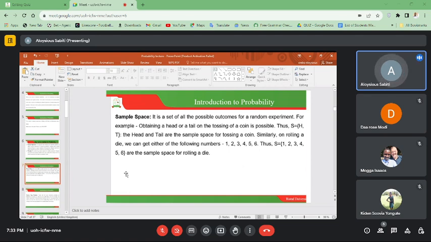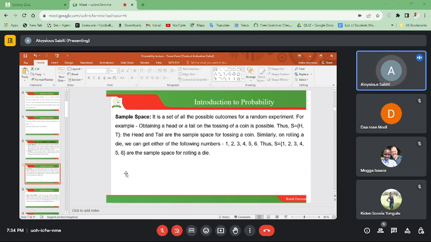Thirdly, another key term is what we call sample space. It is the set of all the possible outcomes for a random experiment. We're moving from a random experiment to an outcome, and now to a sample space.